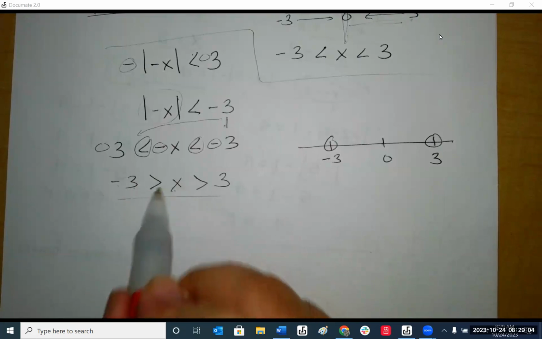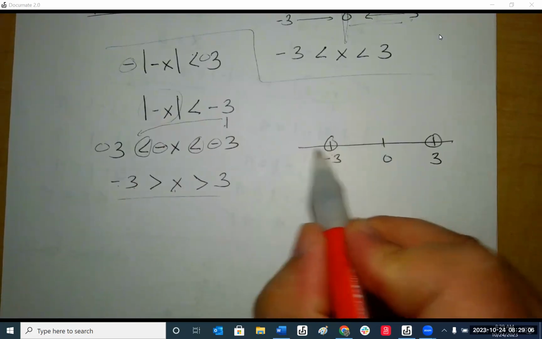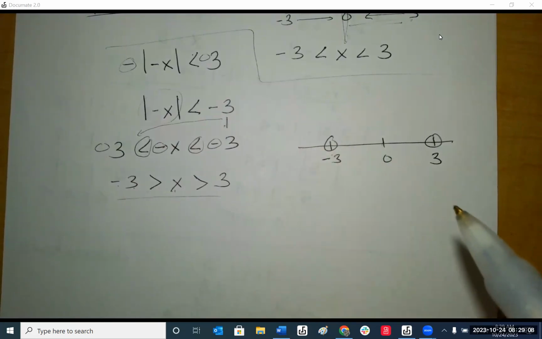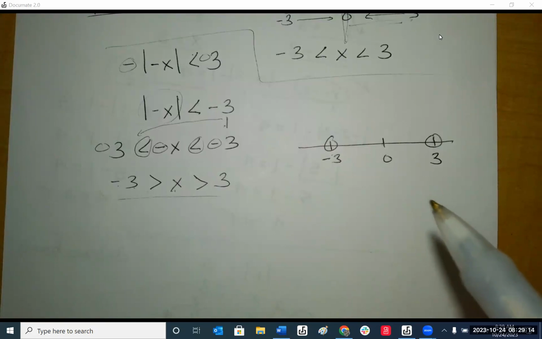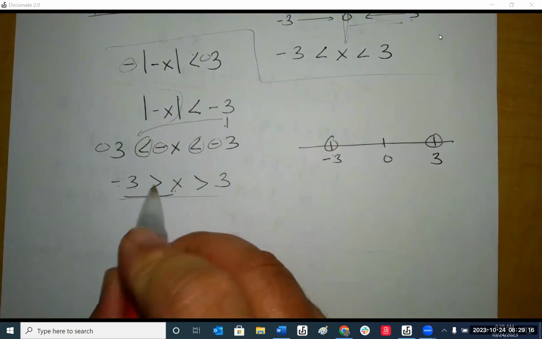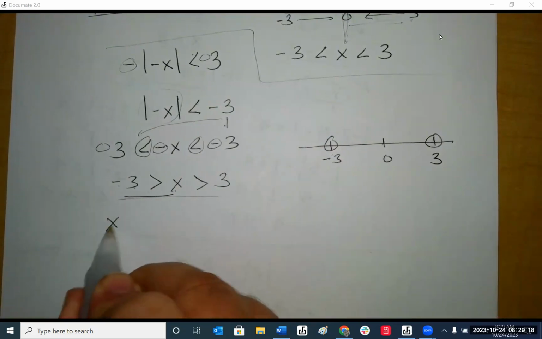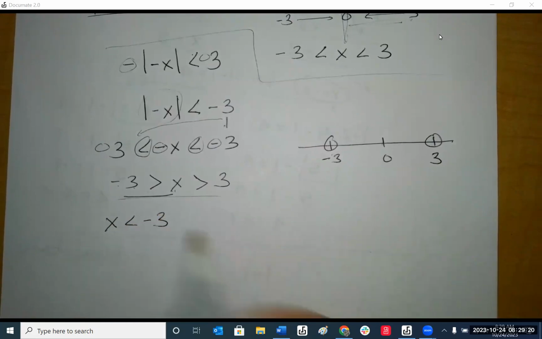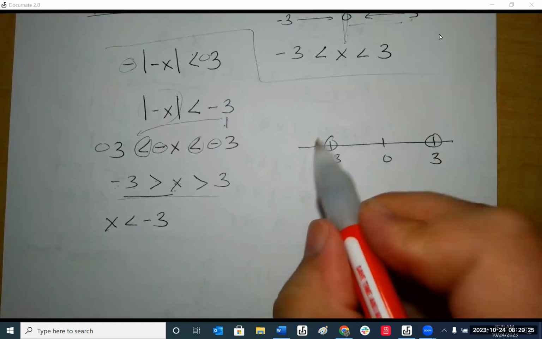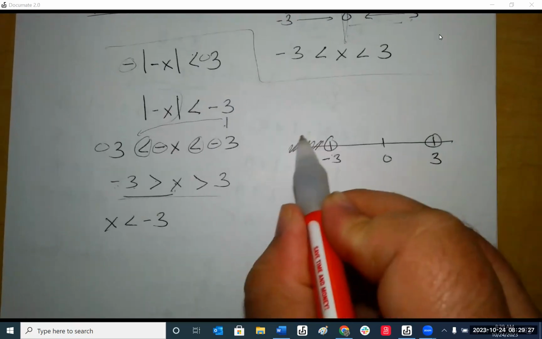If -3 is larger than x, from -3, which side do I shade? Let's look at this one. Let's move the x on the other side. -3 is larger than x, means the same thing as x is less than -3. So it goes this way.